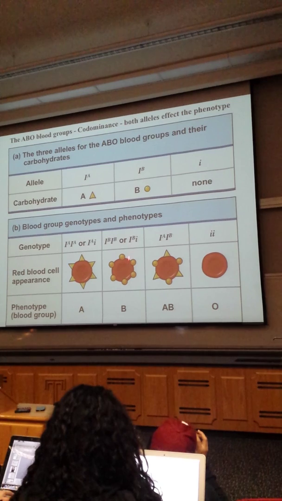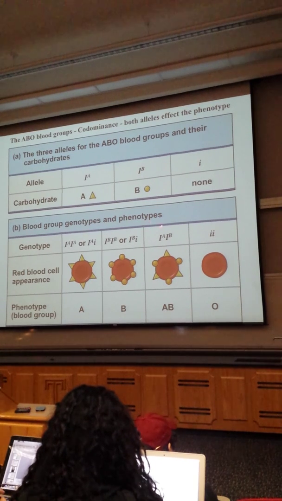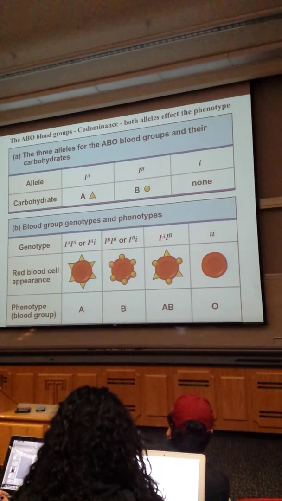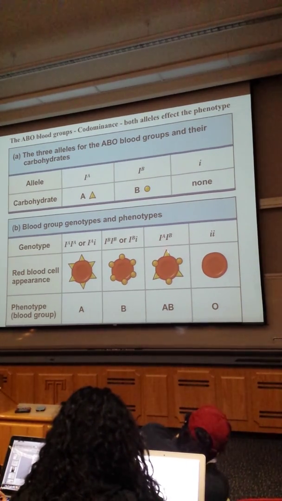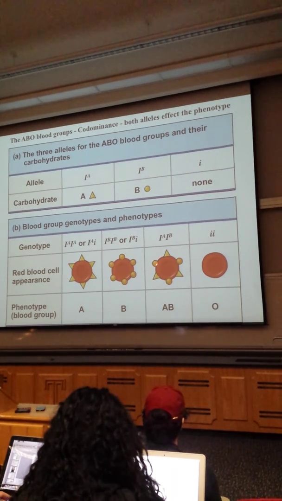Okay. So then we have AB blood type. AB blood type means that you have the allele encoding the glycosyltransferase adding the A-type carbohydrates to the cell surface. And you also have the allele encoding the B-type glycosyltransferase adding the B chain to the cell surface.